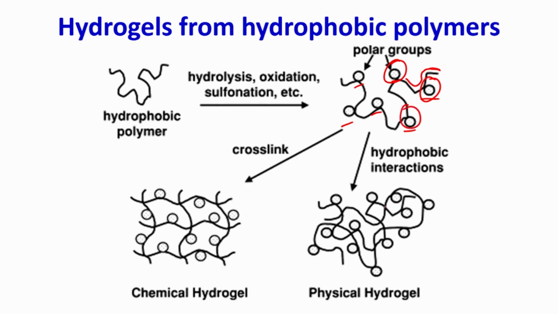And so, these domains can then interact with each other, the hydrophobic domains at several places, to form a physical hydrogel, or you can then use these polar groups or some other functional group to cross link them at several places using an actual chemical bond, and that will result in a chemical hydrogel.